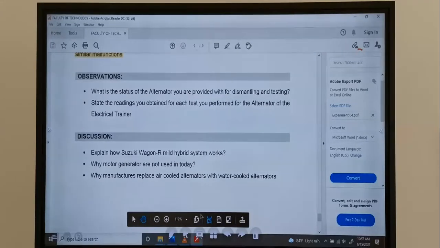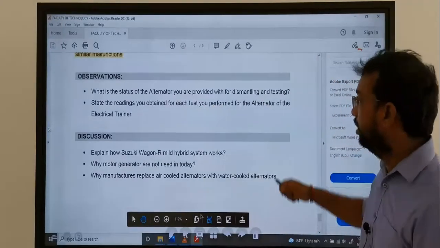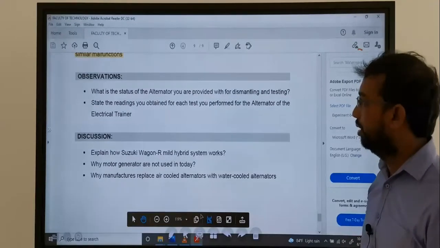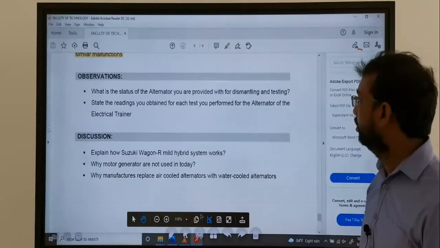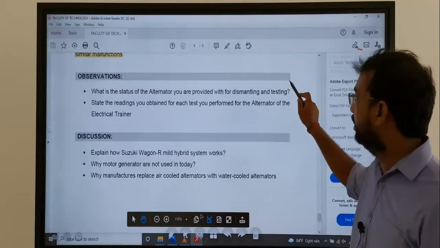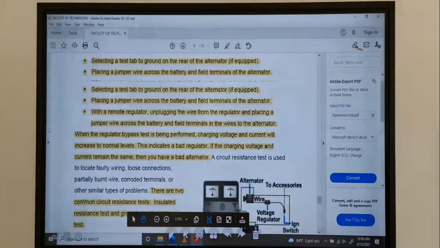We check using the multimeter and note the readings of this alternator, and give the status of this display. I think we conduct these 2 tests.